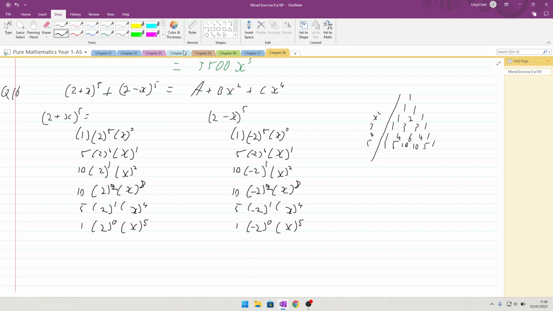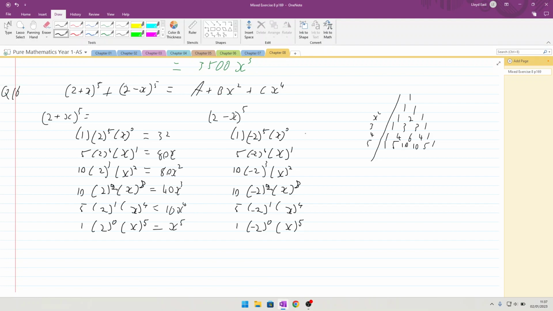So this one gives me 2 to the power 5, 32. 2 to the power 4 is 16 times 5 is 80, so 80x. 2 to the power 3 is 8 times 10 is 80, 80x squared. 2 to the power 2 is 4 times 10, 40x cubed. 2 times 5 is 10, x to the 4, and 1 times 1 times x to the 5.